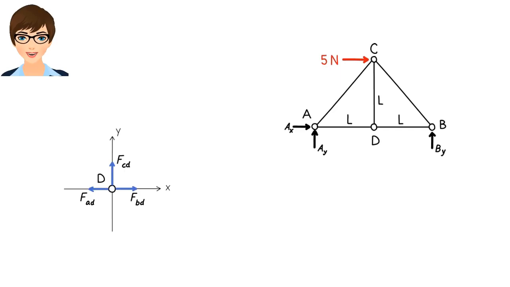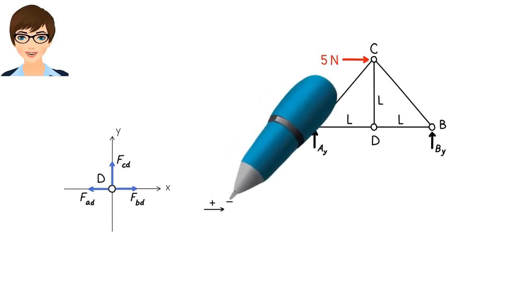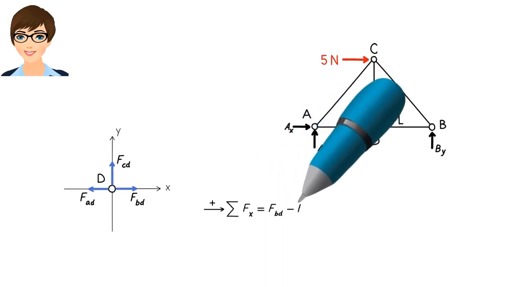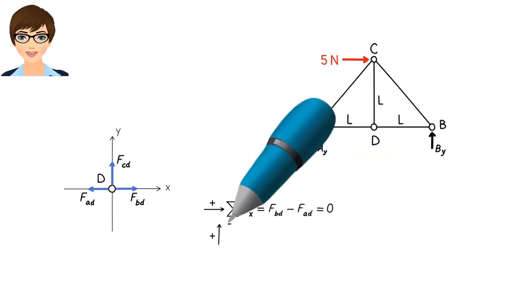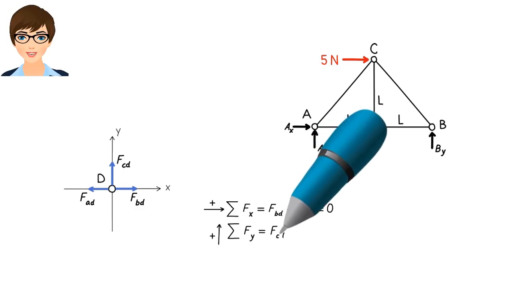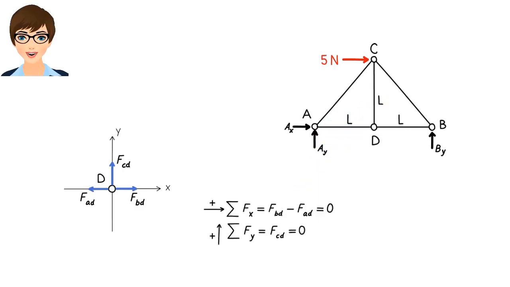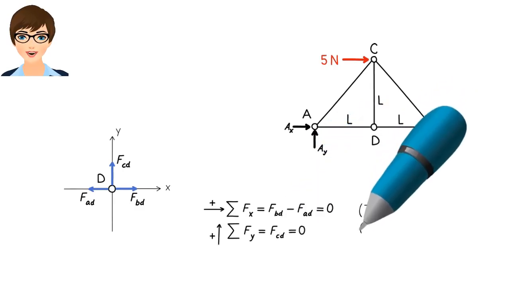Finally, for joint D, we have sum of the forces in the x direction equals, sum of the forces in the y direction equals. These equations are numbered 7 and 8.